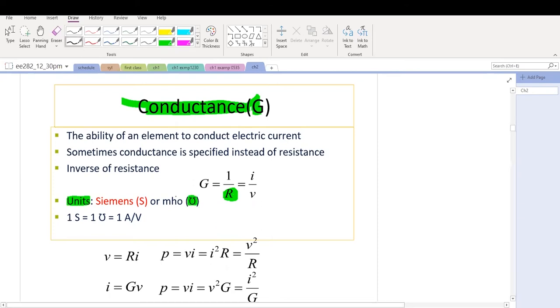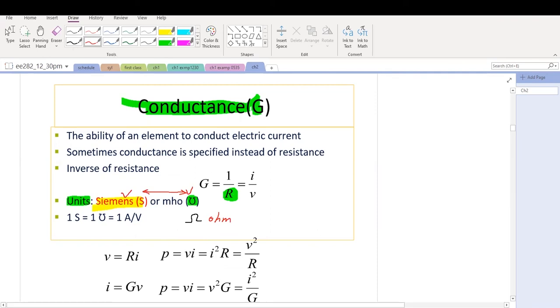We know ohm is like this, right? So this is exactly upside down of ohm, which means the reciprocal of the resistor. Yes, Siemens. So these are the same. Ohm is this, and when we write it upside down it becomes mho, for Siemens.